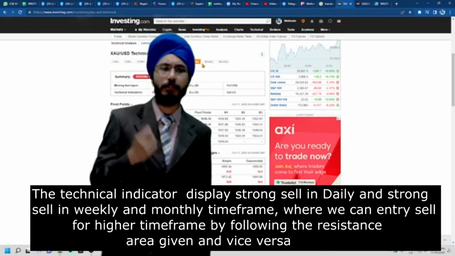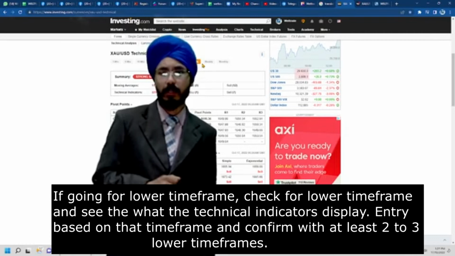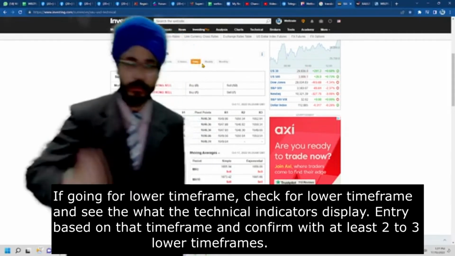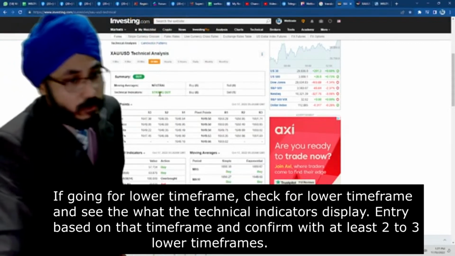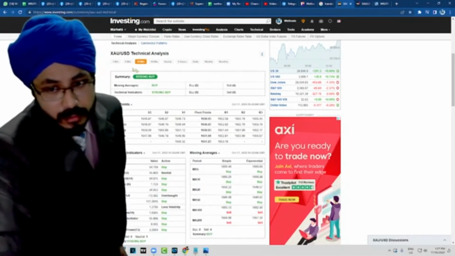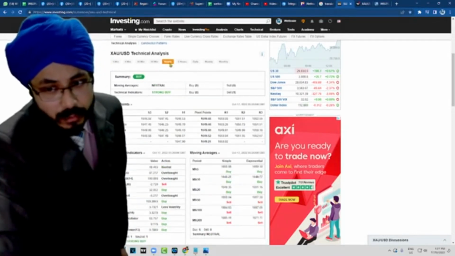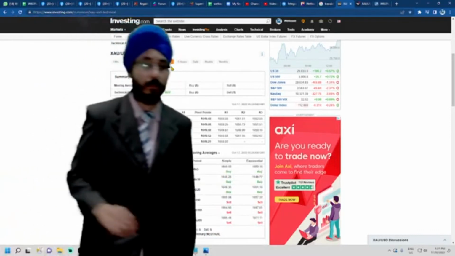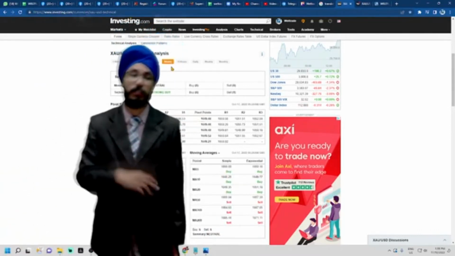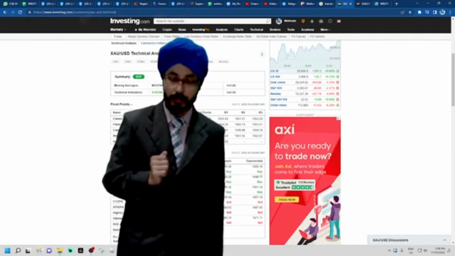If you would like to go for a lower time frame, basically what you could do is go to a much lower time frame and check what the technical indicator says. As you can see, in 30 minutes, 15 minutes, 5 minutes and 1 minute, you have a strong buy. And hourly also you have a strong buy. So this shows that there is a contradiction between the lower time frames and the higher time frames.